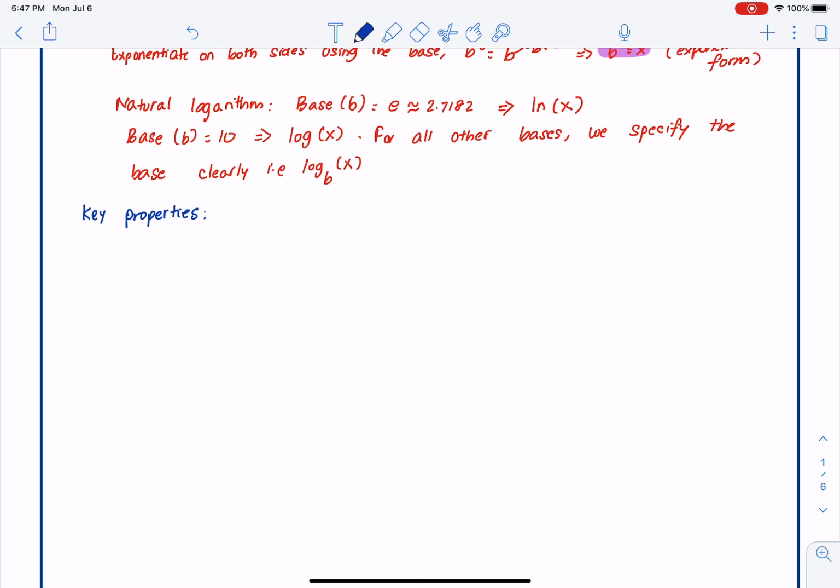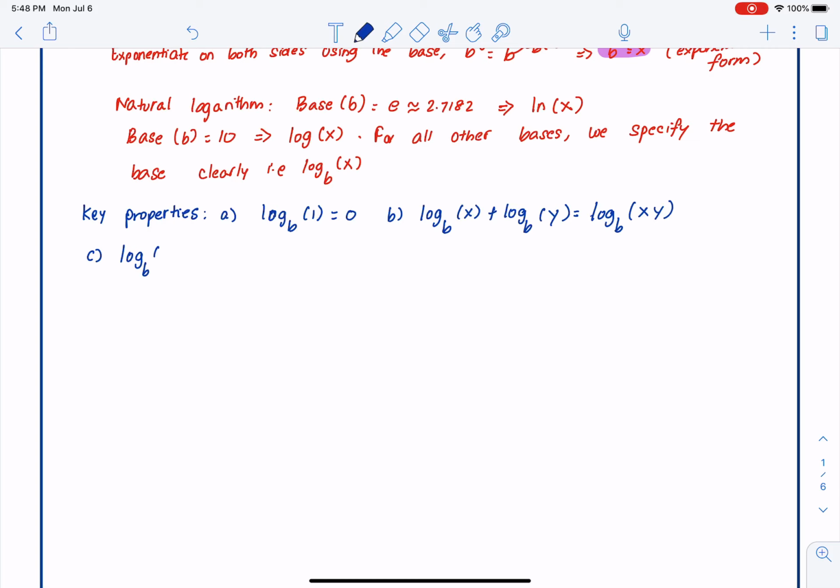Key properties. The logarithm for any base of 1 is always 0. The logarithm of x for any base plus the logarithm of y is equal to the logarithm of x times y.